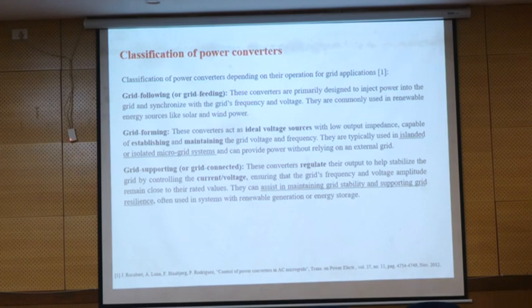So if we have one converter which we expect to inject, for example, 8 kilowatt active power and 6 kilovolt-ampere reactive power, then when the voltage drops, we can increase the reactive power, and if the frequency drops, we can increase the active power. This somehow supports the voltage and frequency stability of the grid.